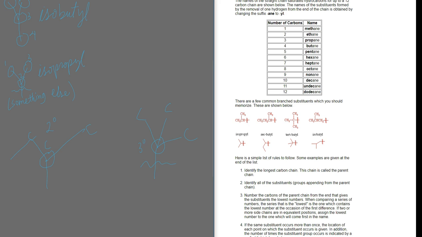Let me count the carbons here just to make sure I didn't put too many. 1, 2, 3, 4. Okay, so this is technically something else there. I'll just let you count those just to clean up the wording.